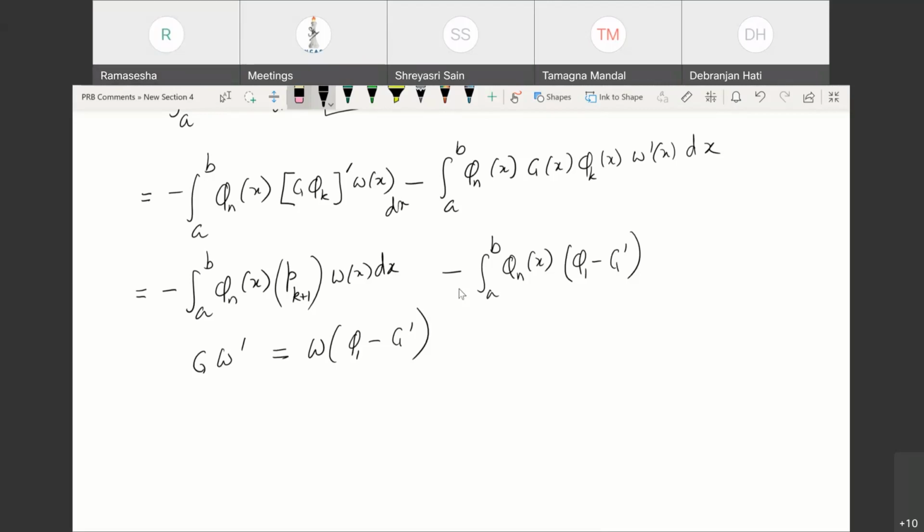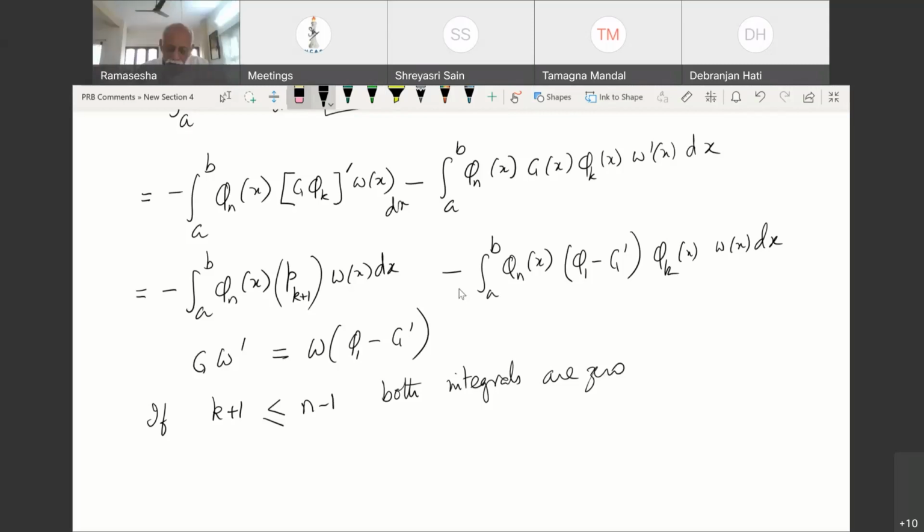Now tell me, for what value will these integrals be non-zero? If k plus 1 is less than or equal to n minus 1, it is equal to 0. Correct? Because phi n x is orthogonal to all polynomials of degree less than n, which means if k plus 1 is less than n, that is k plus 1 is less than or equal to n minus 1, then the first term is 0.